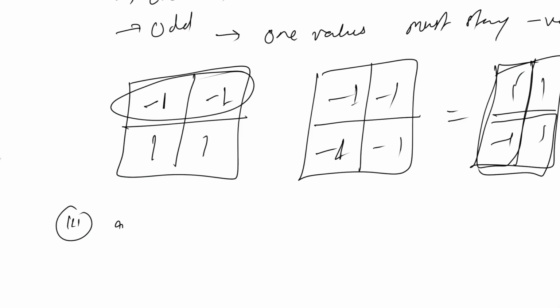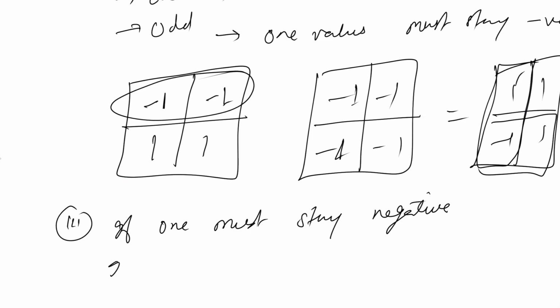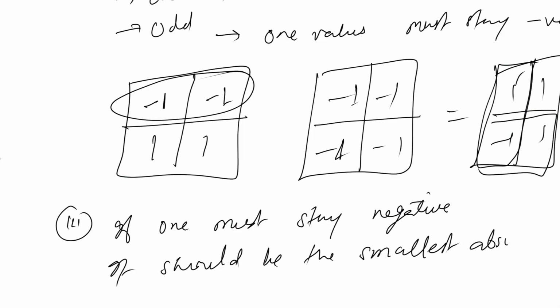Then if one must stay negative, can we say that it should be the smallest absolute value, or we can say it's called least damage?